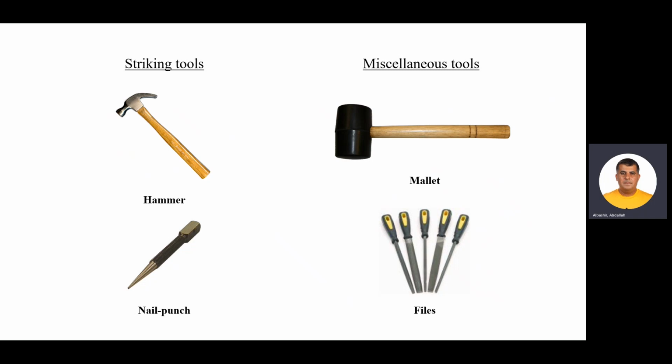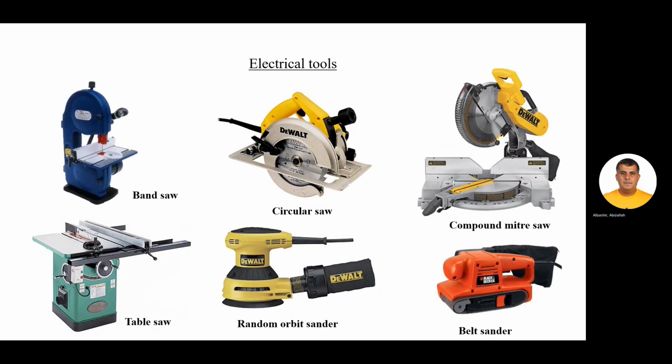We need to differentiate between the hammer and the mallet. Electrical tools: band saw, circular saw, compound miter saw, table saw, random orbit sander, belt sander.